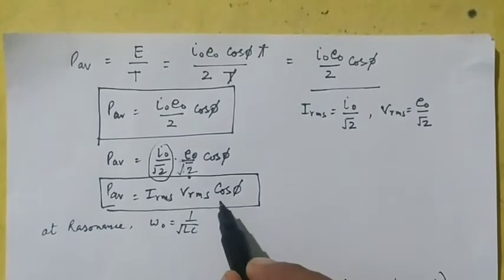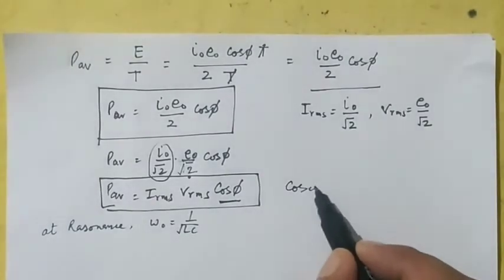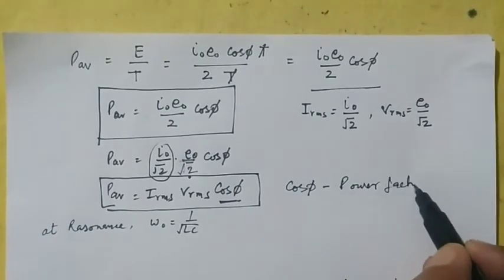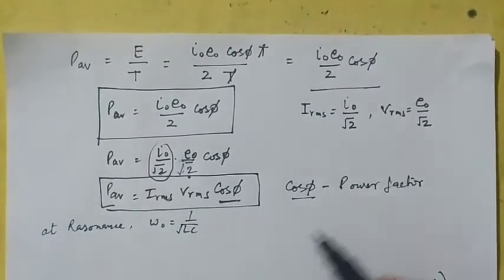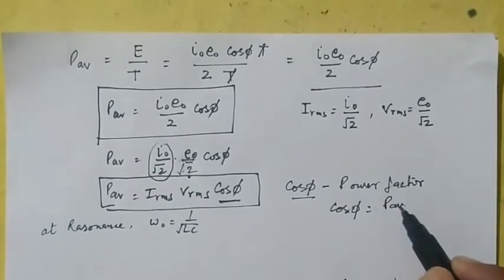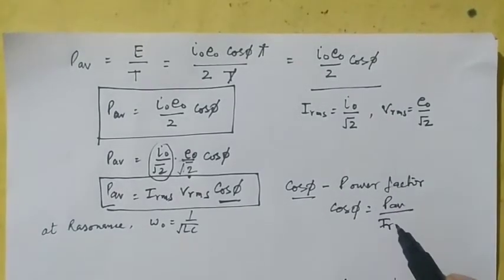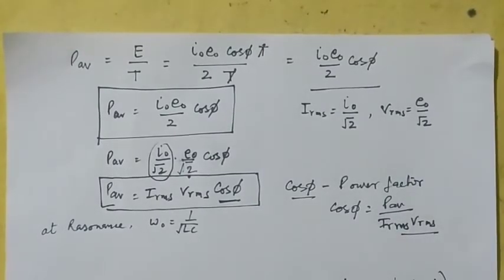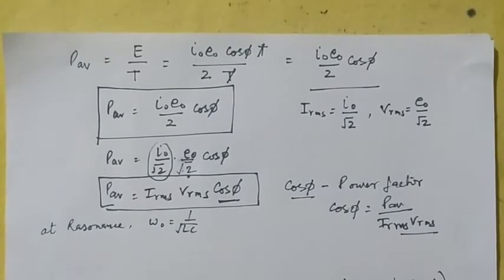Here this factor cos phi is known as the power factor. If you want to define the power factor, then the power factor, that is cos phi, is equal to average power divided by the product of IRMS and VRMS. Now further, I want to calculate what should be the average power consumed at resonance.